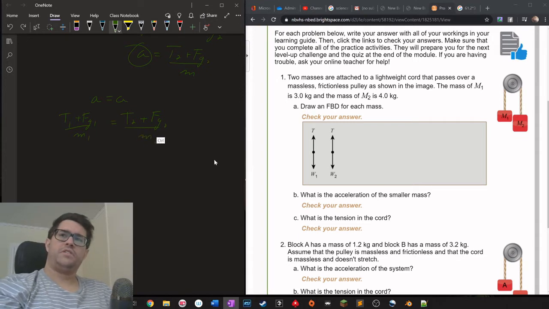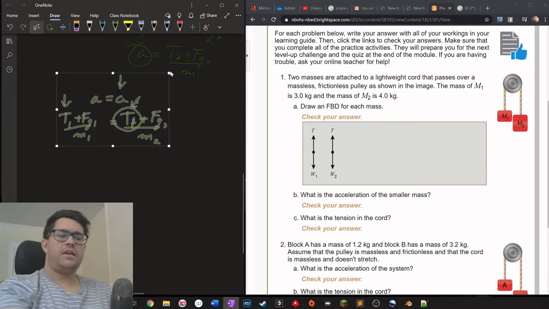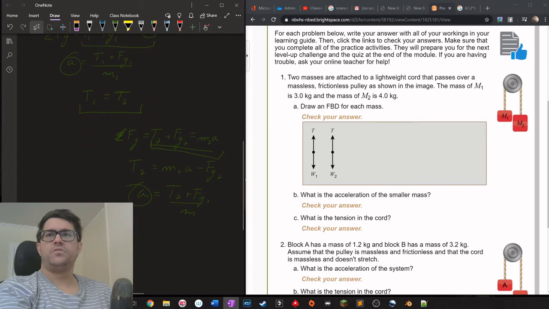And we normally use this kind of work when we don't have something and we don't have another thing like this. So if this is the case, then I can write T2 is equal to T1. And if T2 is equal to T1, then I've transformed two unknowns into one unknown, and now I can solve it. But instead of saying A is A, we will say T2 is equal to T1.